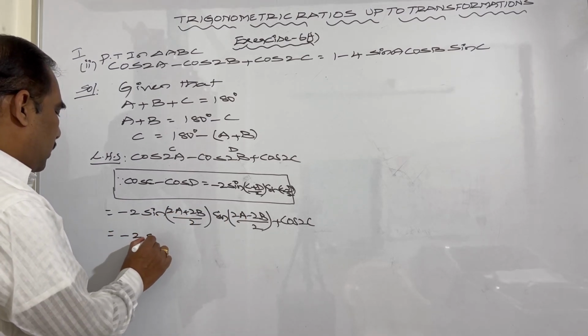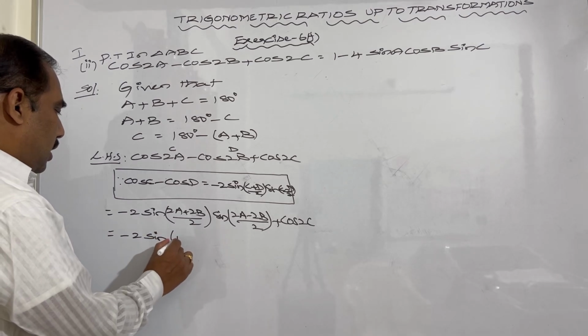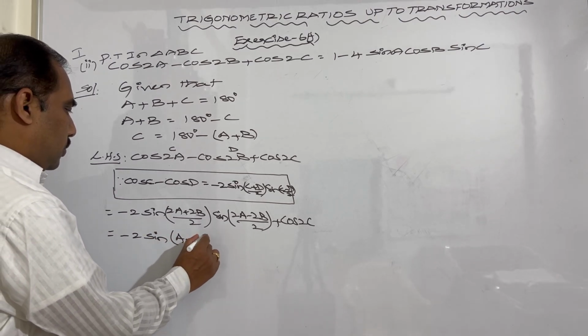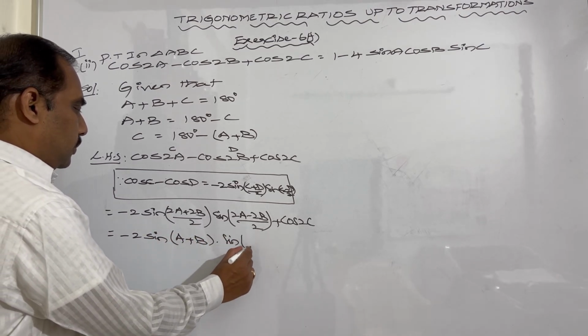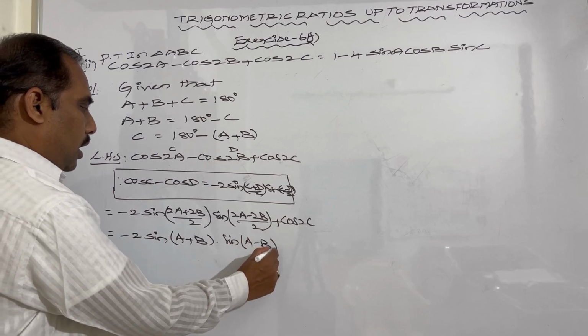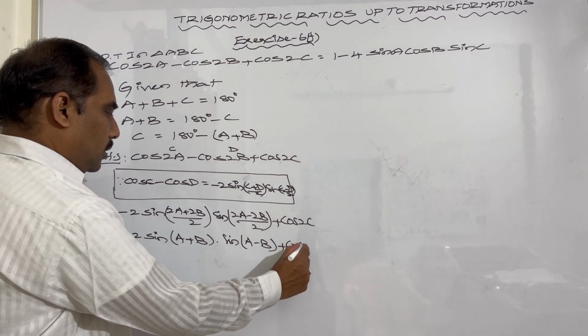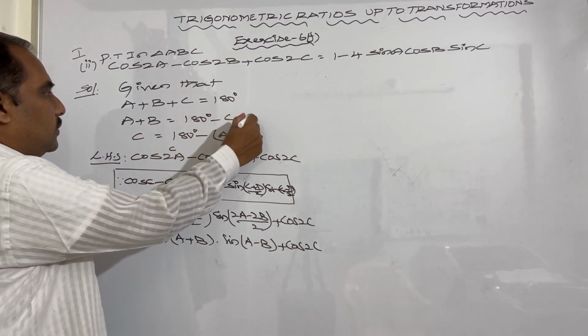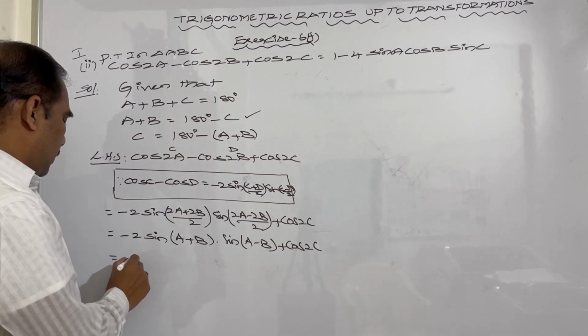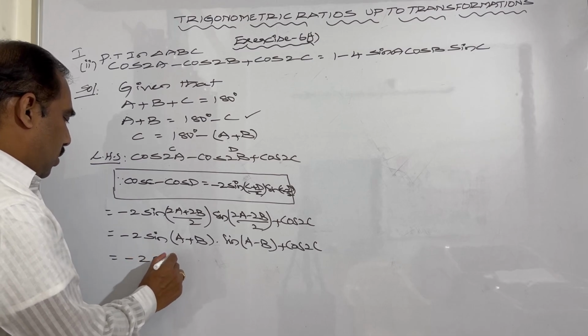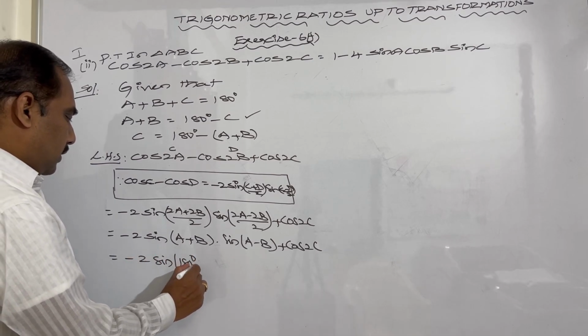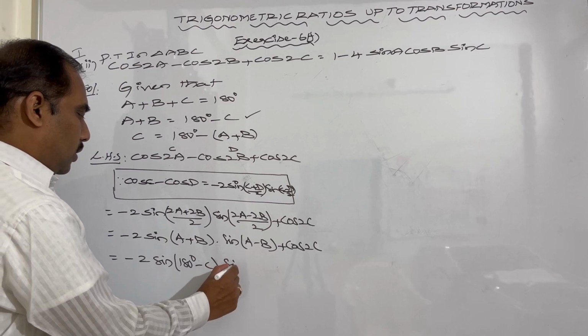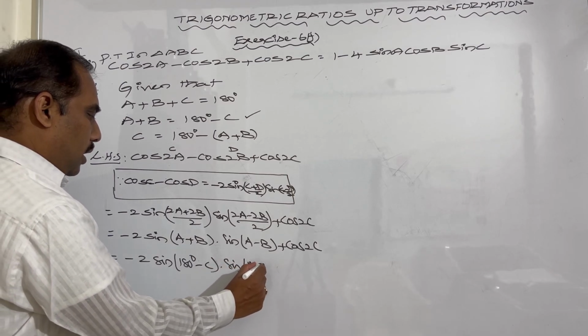Minus 2 sin (A plus B) into sin (A minus B), plus cos 2C. Now A plus B is 180 minus C.